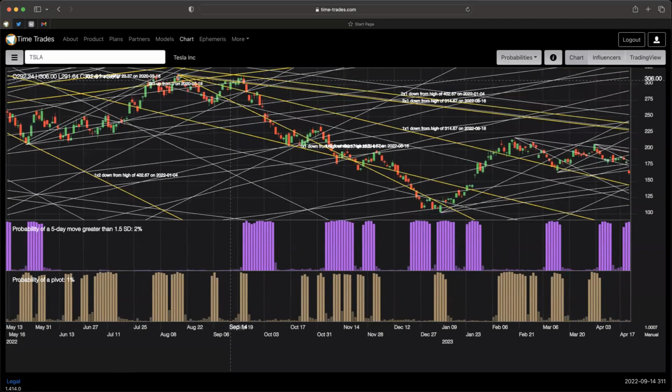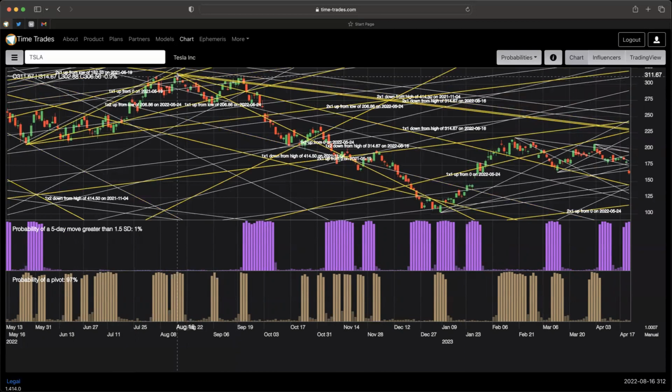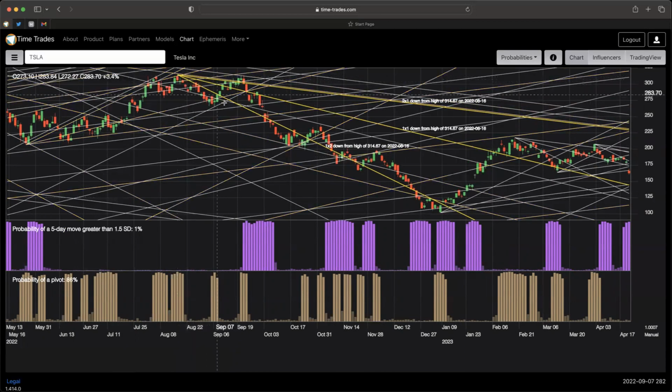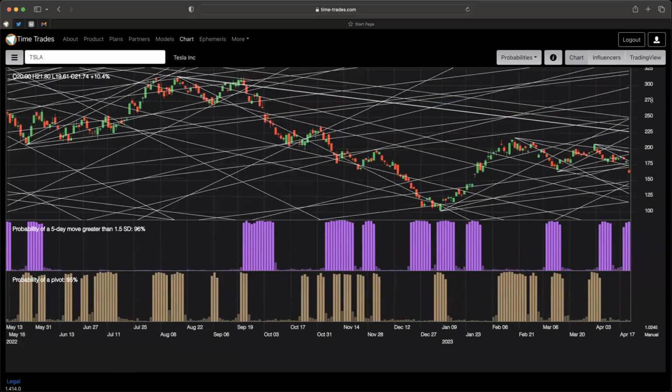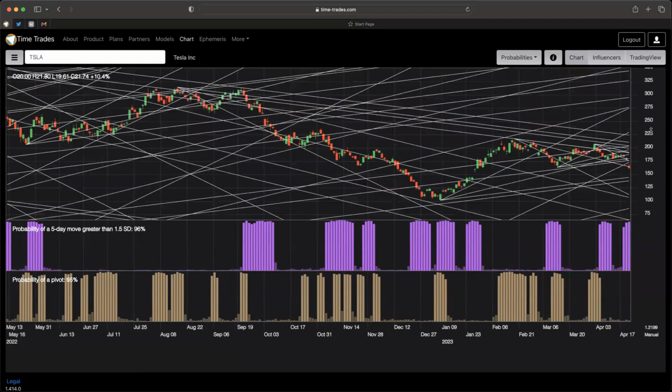So what I want to do is focus in on this trend line that starts up here, August 16th. And I want to line it up so that these lines hit significant spots on price. So I'm going to do that by dragging the price axis here.